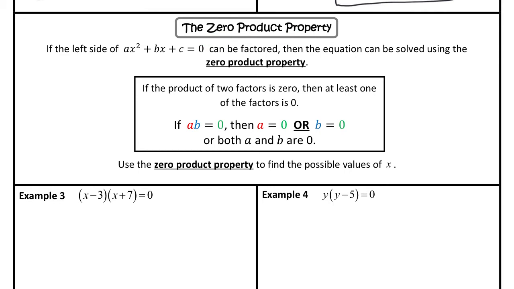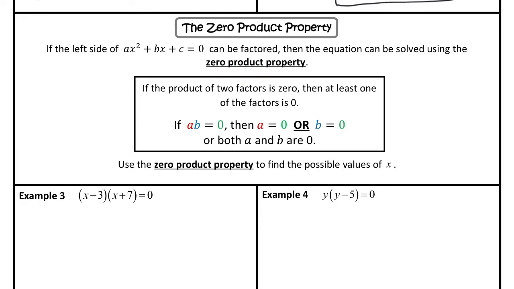says if the left side of an equation like this, where everything is on one side and on the other side there's a 0, can be factored, then the equation can be solved. So if you have something set up like this, and if you go back to example 1 and 2, that's how it was set up. It says if this can be factored, then the equation can be solved. Okay, using the property of zero product.